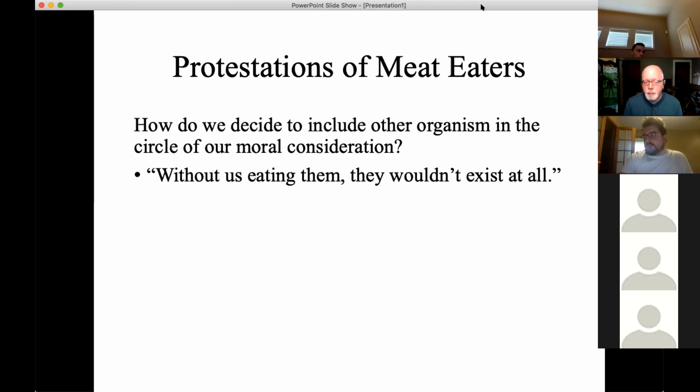This is one of the easiest protestations and mediators to take down because we've actually talked about this in class. What's the problem with this particular argument?